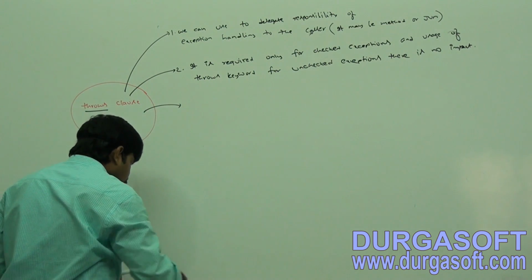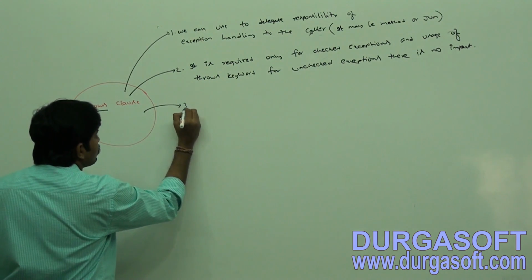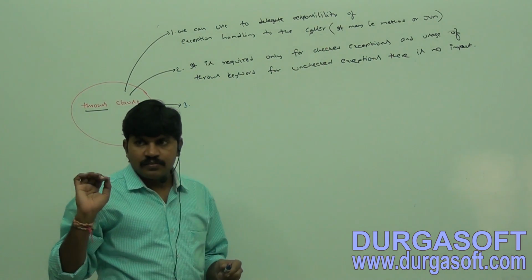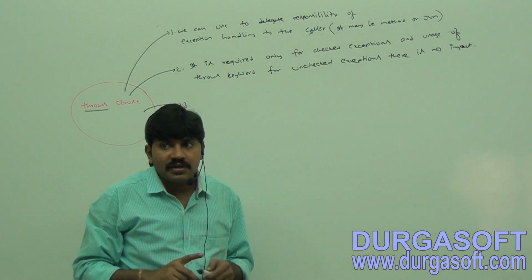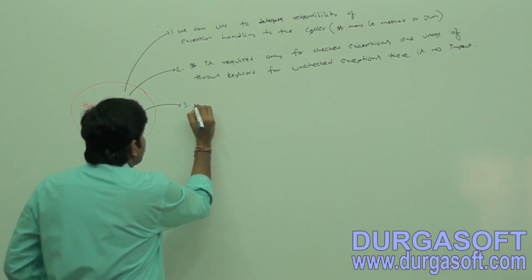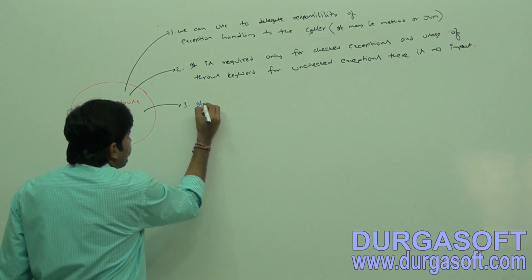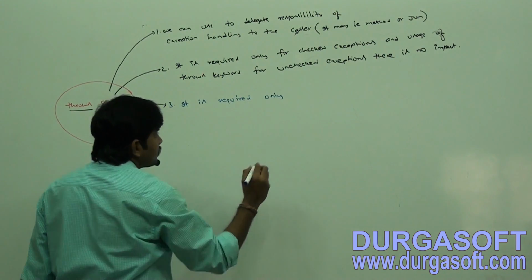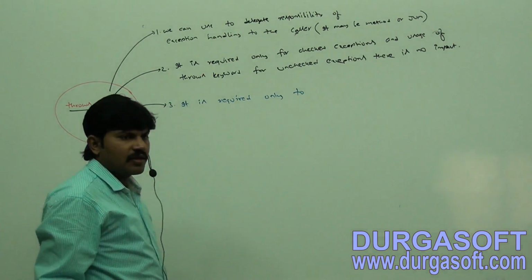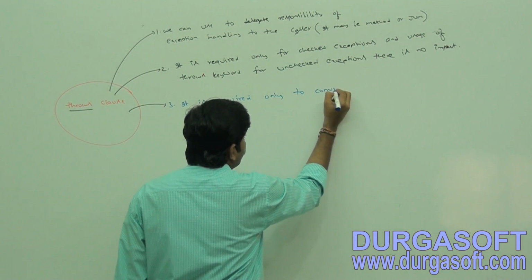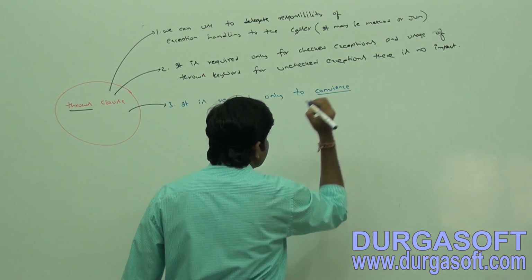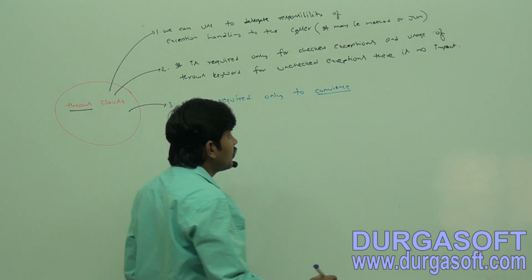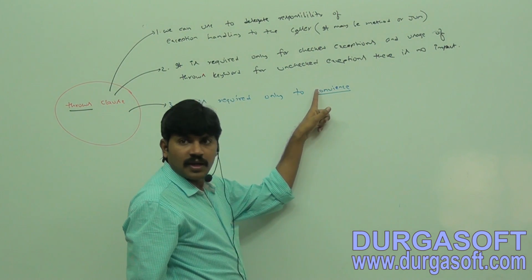Next, third one. Have you observed? The throws keyword is required only to convince the compiler, and the usage of the throws keyword doesn't prevent abnormal termination. It is required only to convince. Can I spell out convince? C-O-N-V-I-N-C-E.